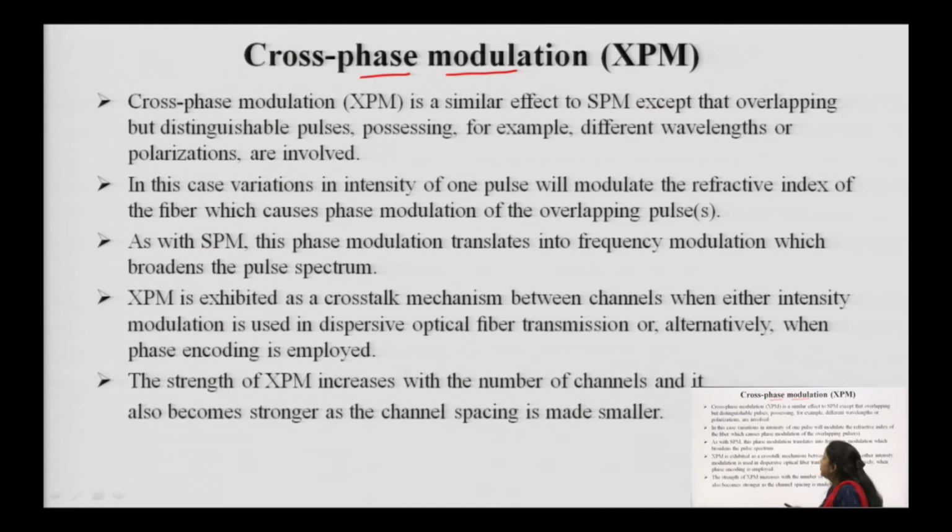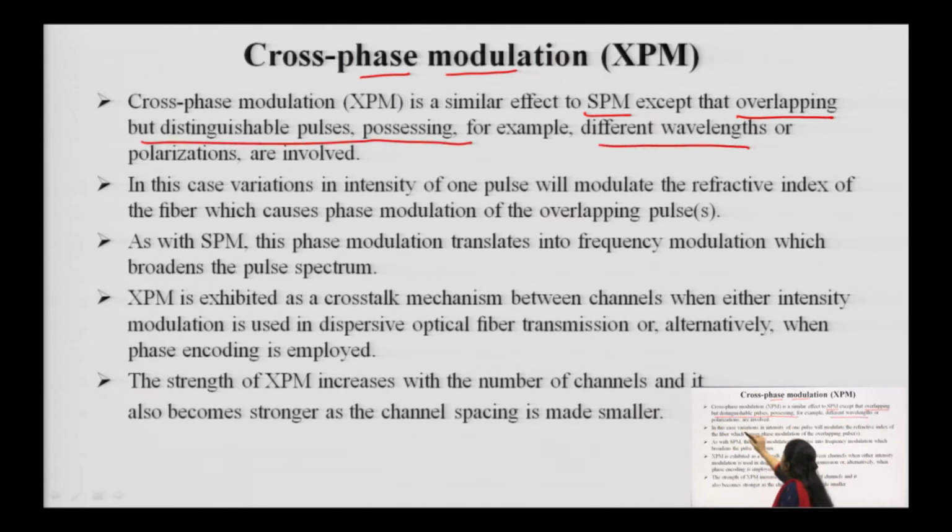Cross phase modulation is a similar effect as SPM, of course, because both are phase modulation, except that overlapping but distinguishable pulses possessing, for example, different wavelength or polarization are involved.